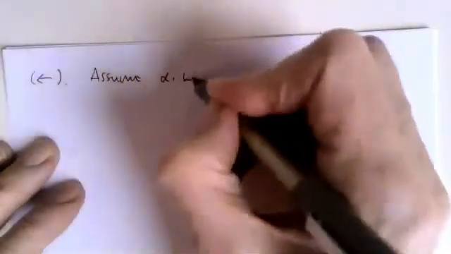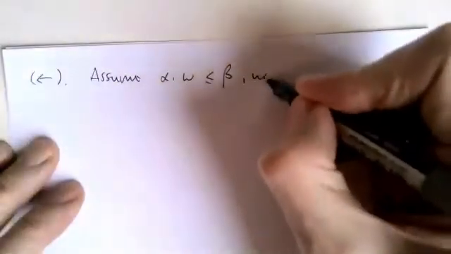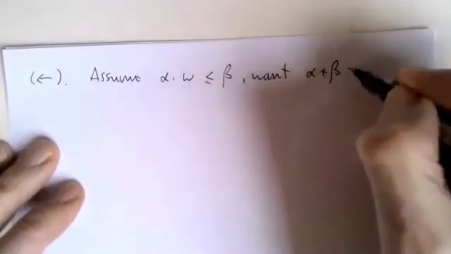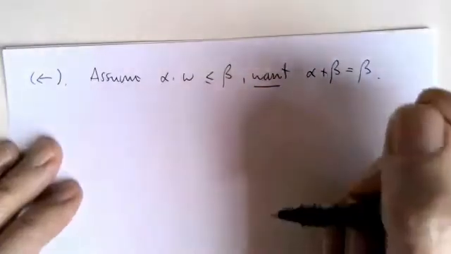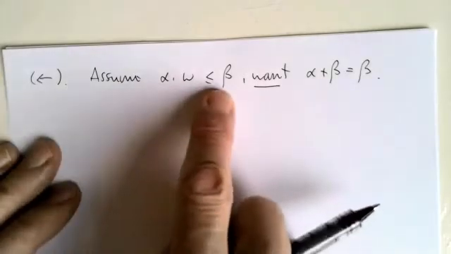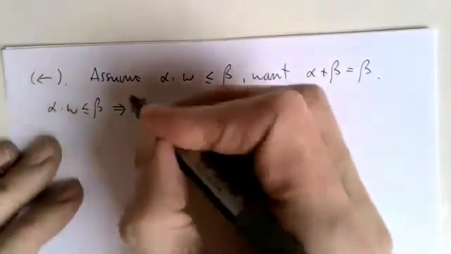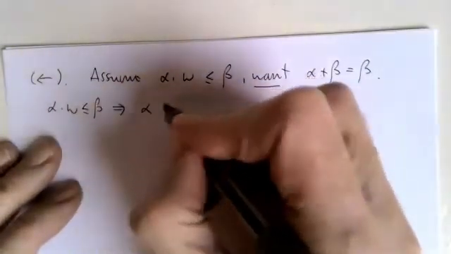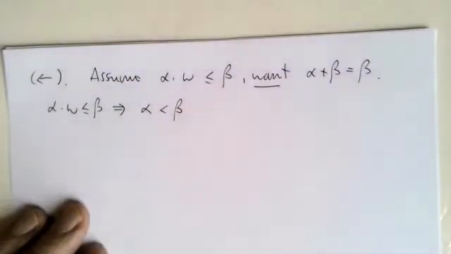We're going to assume alpha times omega is less than or equal to beta, right? And we want that alpha plus beta equals beta. If alpha times omega is less than or equal to beta, that implies alpha is less than beta, because omega lots of alpha is less than or equal to beta. So certainly alpha is less than beta.